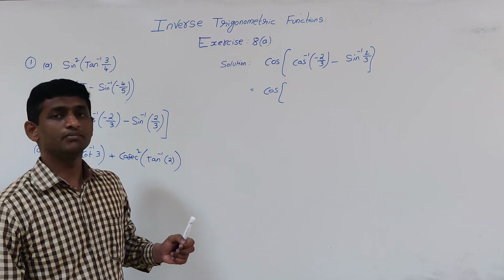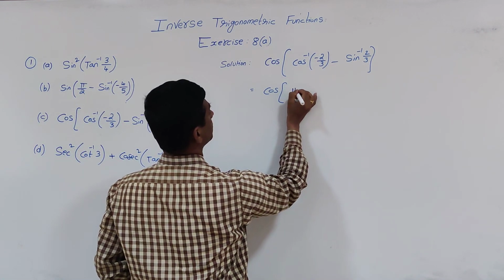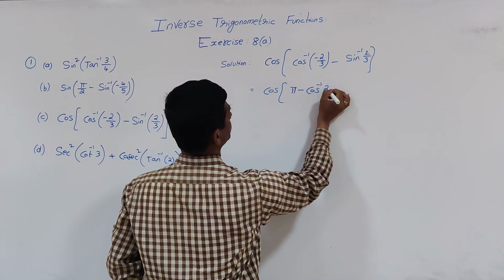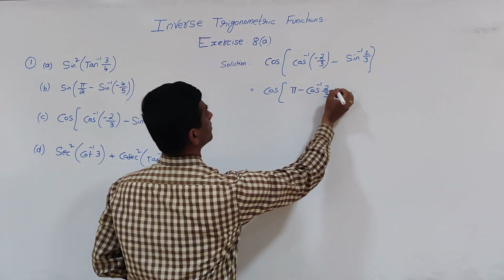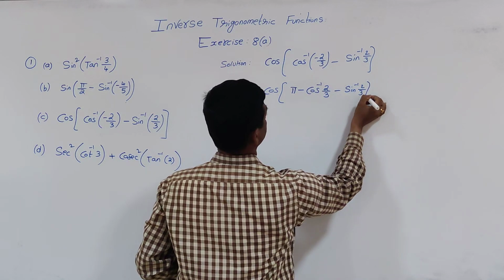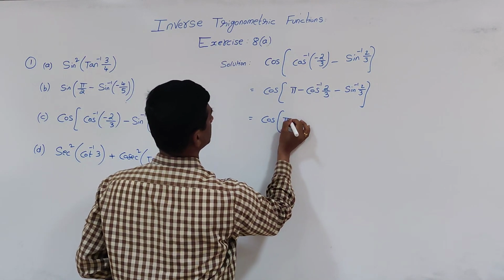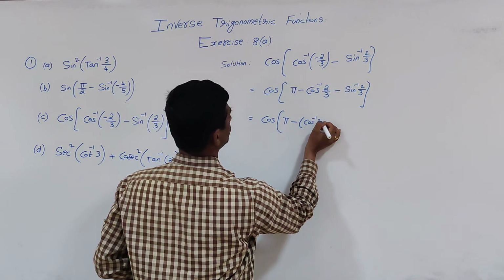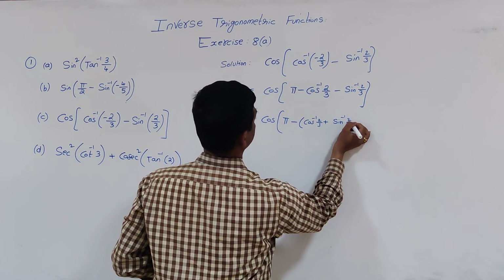It is pi minus cos inverse of x. So here it will be pi minus cos inverse of 2 by 3, minus sine inverse of 2 by 3. So cos of pi minus, if you take common, it will be cos inverse of 2 by 3 plus sine inverse of 2 by 3.